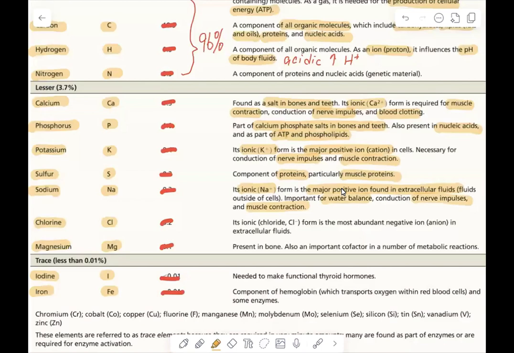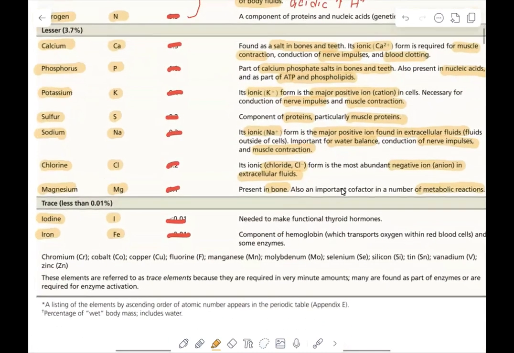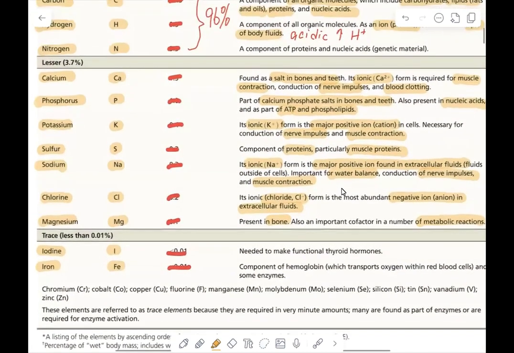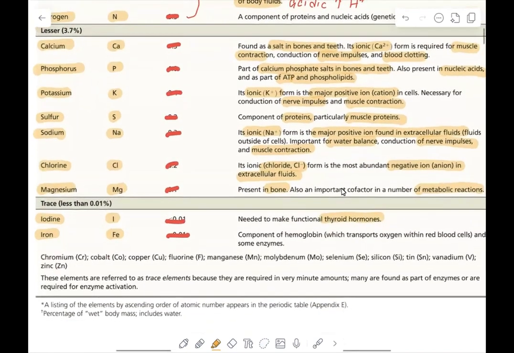Chloride or chlorine, as an ion, it's called chloride, and it's the most abundant negative ion in the extracellular fluid. Magnesium is present in bone, and it's also important for metabolic reactions. Iodine is important for thyroid hormones, and iron is in hemoglobin, which is what transports oxygen within red blood cells, and also some enzymes.